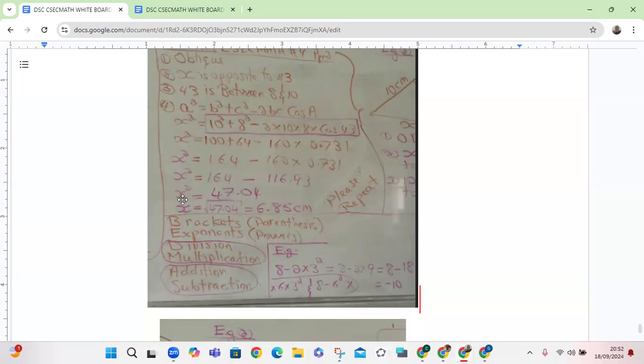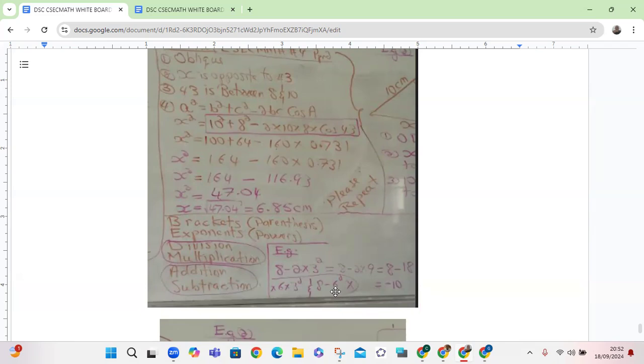Then we square root 47.04 to give us 6.85. Here's an example of BEDMAS in play. Here, it is wrong to subtract 2 first because you have not multiplied yet. Plus, you cannot multiply 2 by 3 unless you have exponentiated.